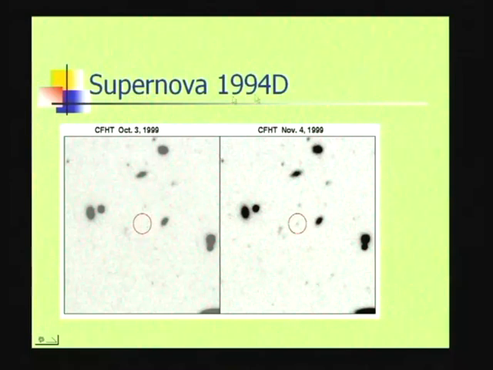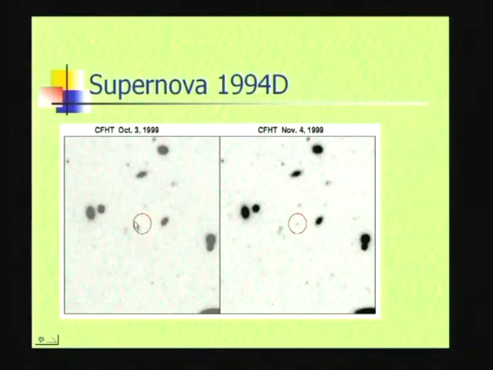This is not supernova 1994D, this is just another supernova, sorry, 1994D should not be here. So, this shows you two pictures of the same part of the sky. It is obvious that it is the same part of the sky. All of the rest of the objects are there. Now, look at this circle.